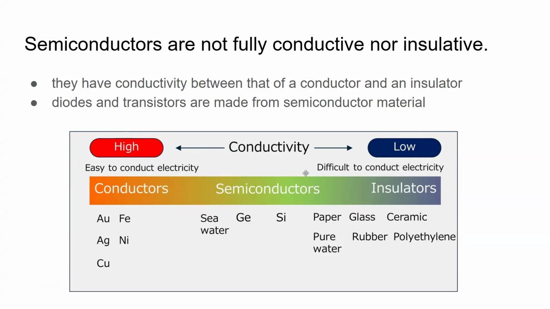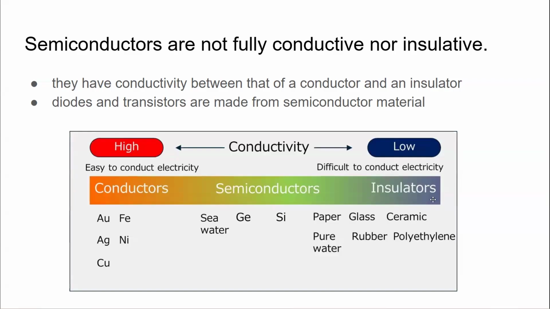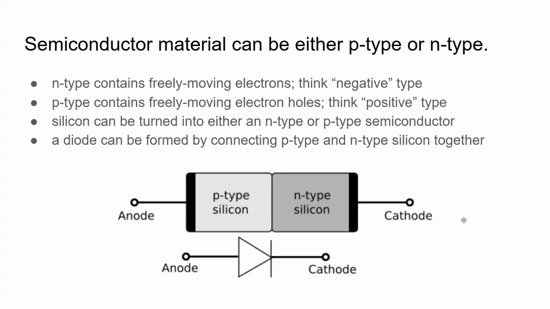And here in the middle of the spectrum, we have semiconductors, so things like germanium and silicon are big ones that you'll see. And then on the right hand of this spectrum, we have low conductivity, which are things like paper, glass, ceramic, and so on and so forth.